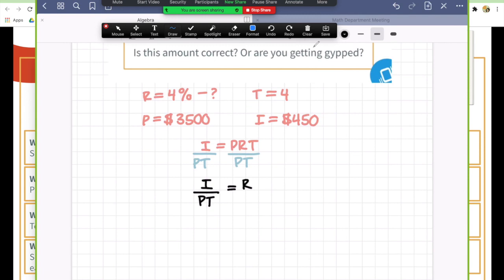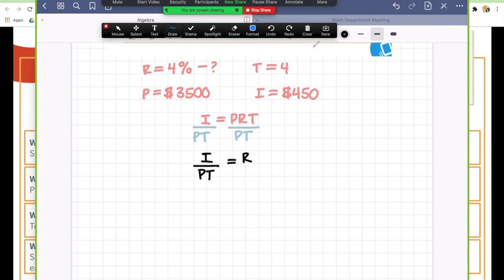Okay. So I know that my I equals $450, my P equals 3,500, and then my T equals 4 years.